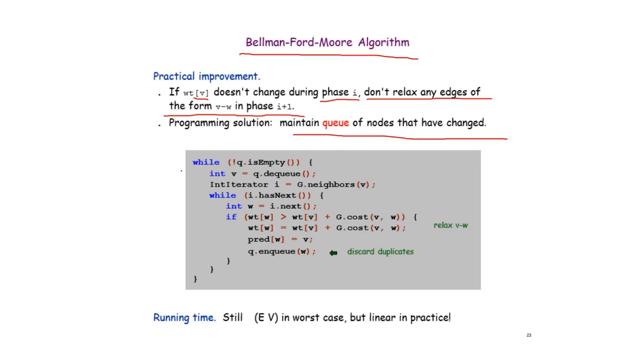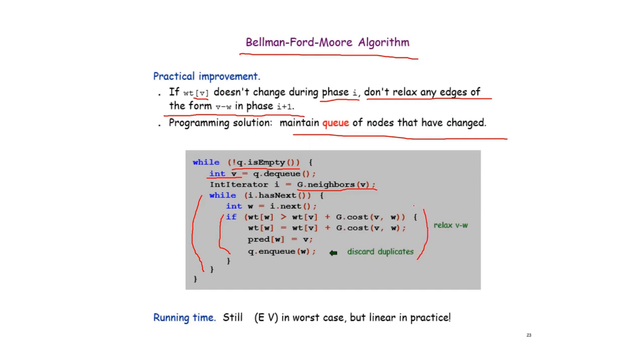Again, we have a while loop while this queue is not empty. Recall that a queue works on the principle of first in, first out. Inside this while loop, we dequeue from our queue, and then we take all the neighbor elements of this V. And while this iterator has a next element, we again do the relax process of VW.